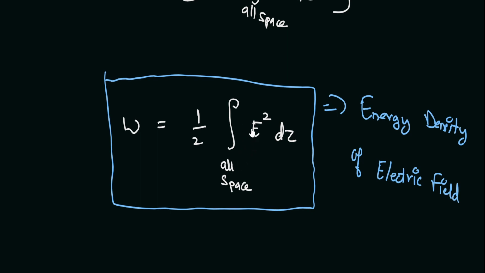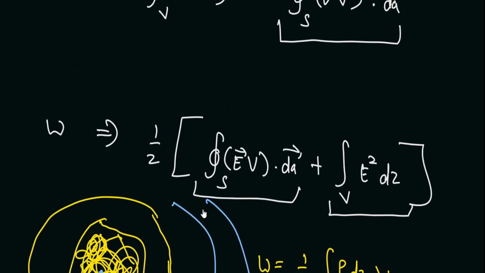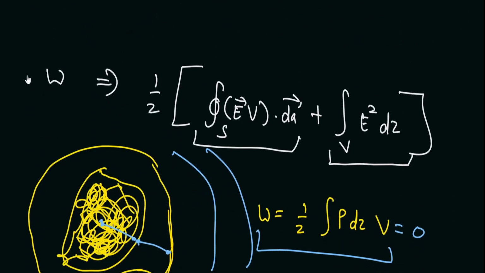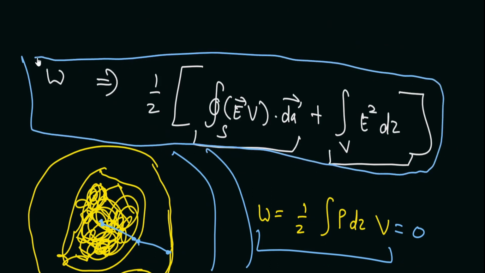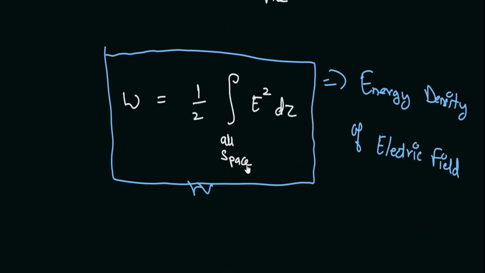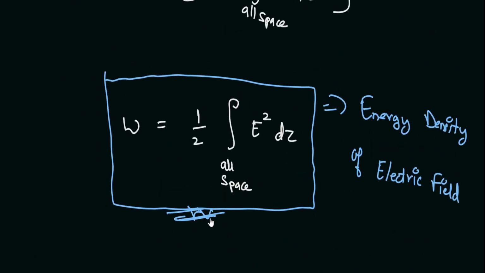Since here we are considering only the electric field and no charges, this formula is also correct, and the original formula, which was this one, is also correct. Both are correct. It depends on us which one we want to use. If we know the electric field at all points in space, then we can easily use this formula and get done with our problem in a matter of seconds.